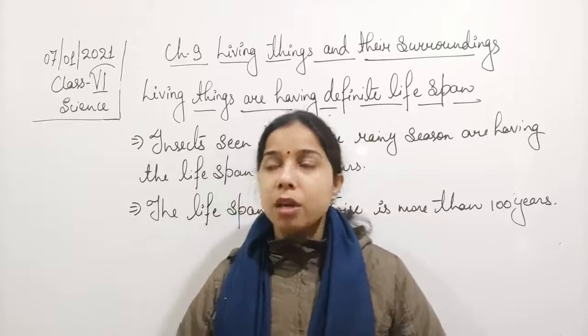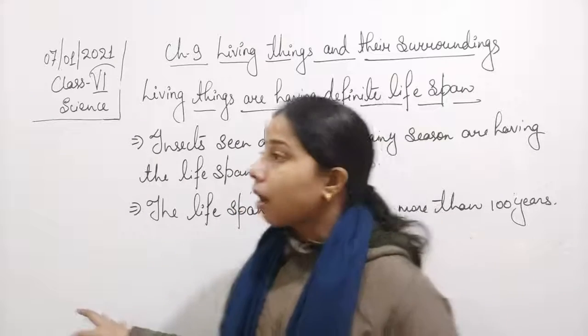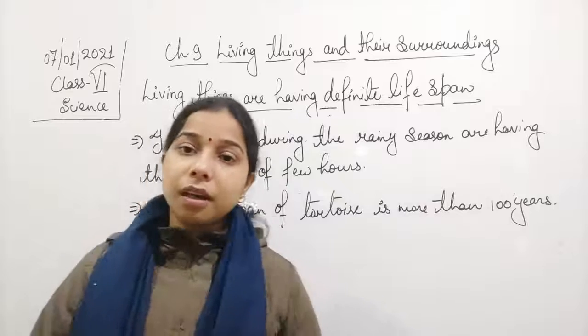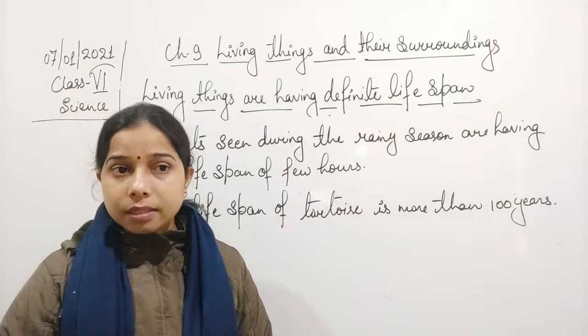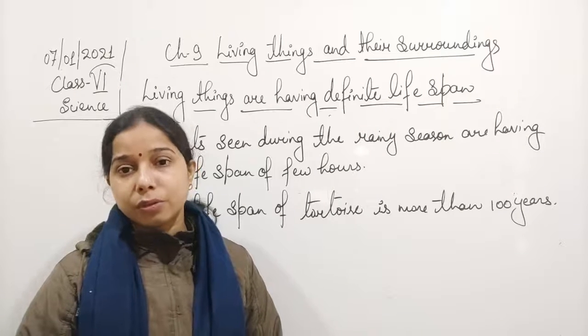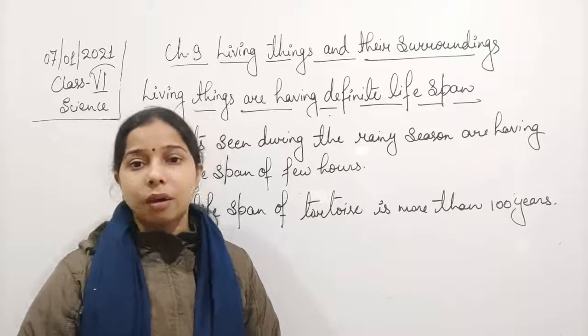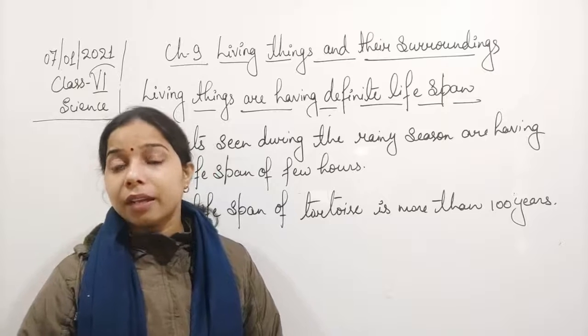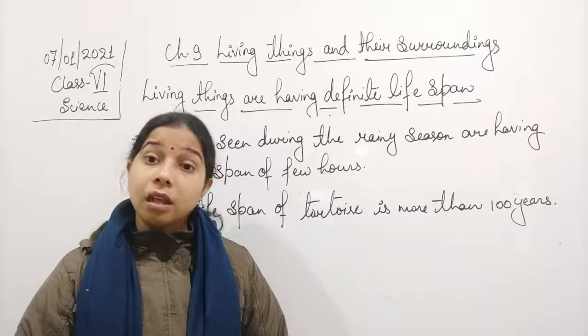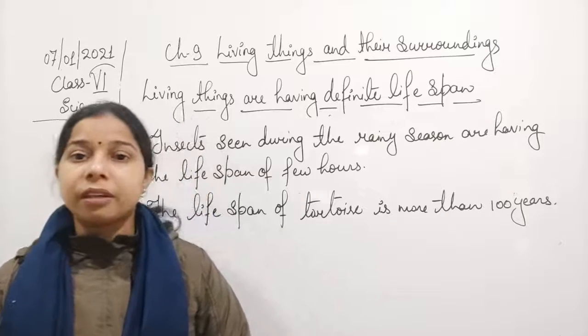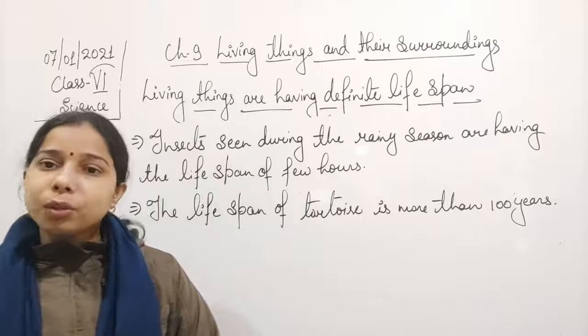Okay, so this was about what we understand by lifespan, and how it is related to the characteristic of the living thing. So every living organism has its different lifespan. Even if you look at the trees, students, all the plants also have a definite lifespan. But what about the non-living thing?